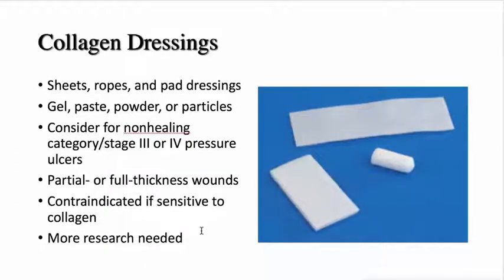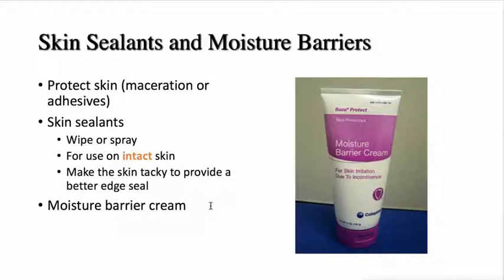Collagen dressings come as sheets, ropes, and pads, gel, paste, powder, or particles. You want to consider these for non-healing category stage 3 or 4 pressure ulcers. They're contraindicated if the patient's sensitive to collagen, but they are used often for partial or full thickness wounds. Skin sealants and moisture barriers. Here's an example.